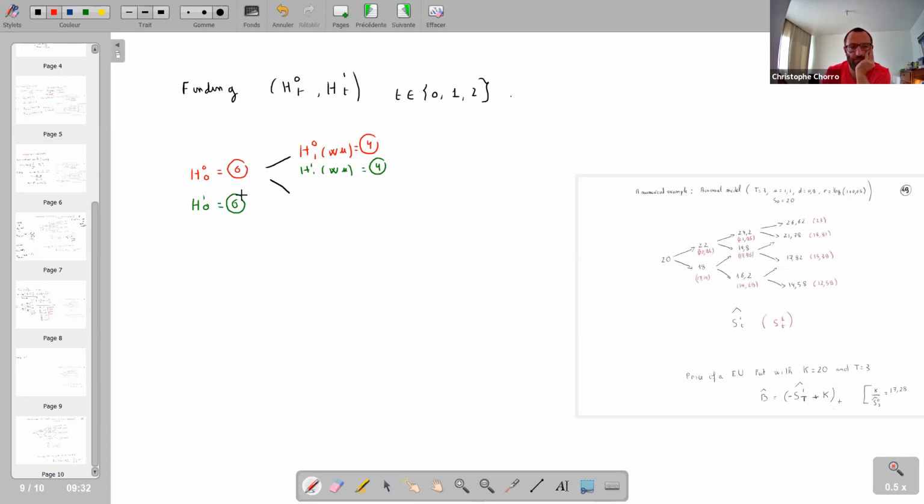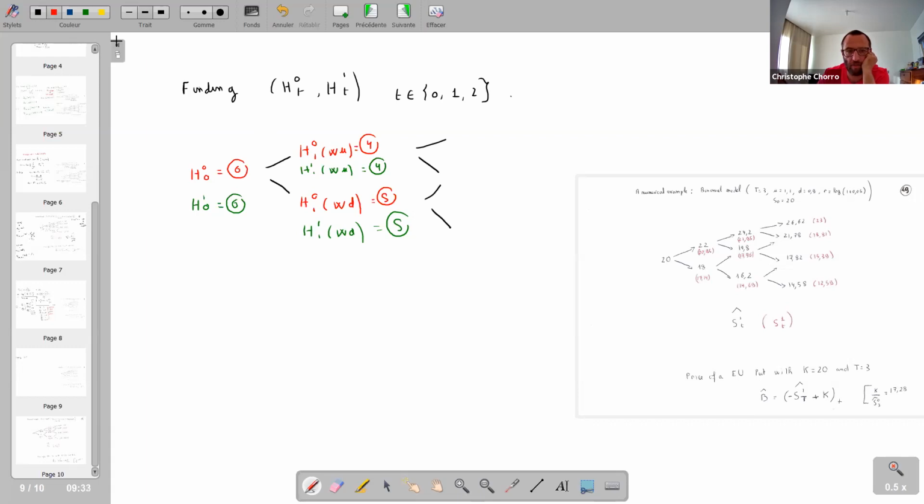Here H0,1 WD that I will express by red 5. H1,1 WD, that will be green 5, and then I won't write everything, but I will have this one, this one, and this one.